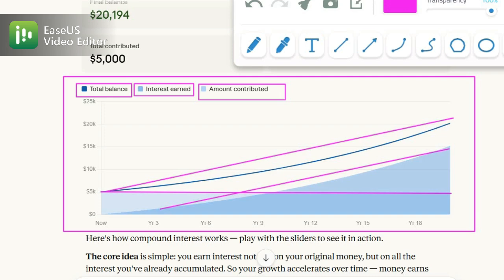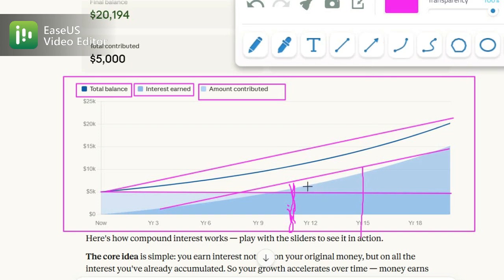At first the line grows slowly, but after 10 years, from 10 to 15, it starts curving upward sharply. That curve is the magic of compounding. The longer you wait, the faster it grows.